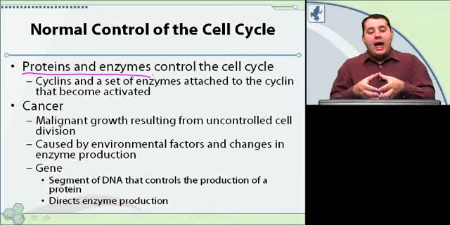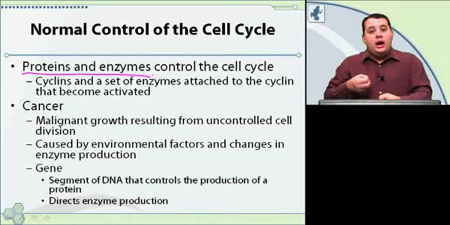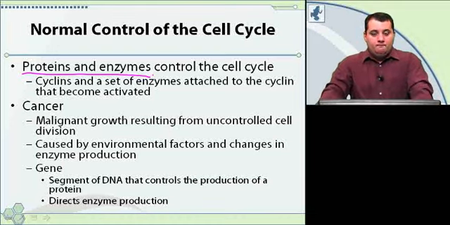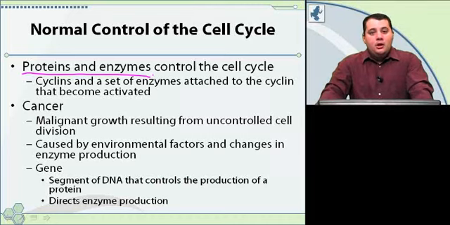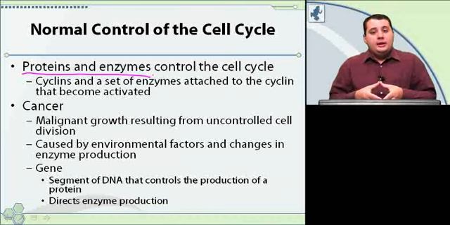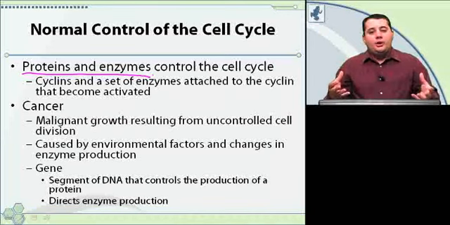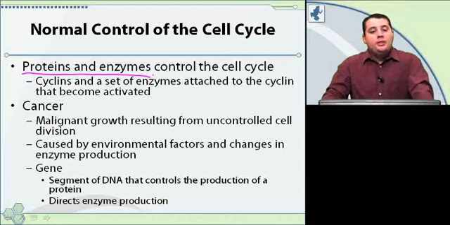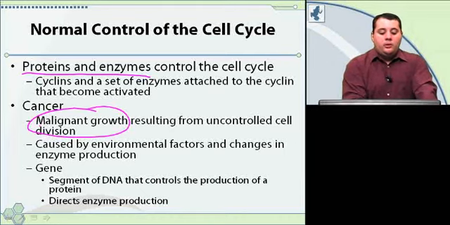When this happens, it is possible that that cell will start to divide uncontrollably. When cells start to divide uncontrollably, they start to become cancerous. That's what happens in cancer. A cancer develops several cells that shouldn't be there, and that is known as a malignant growth.